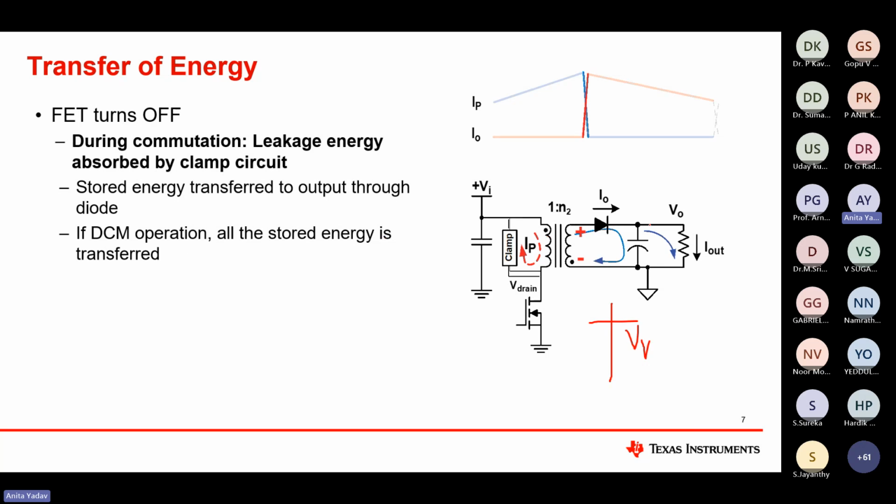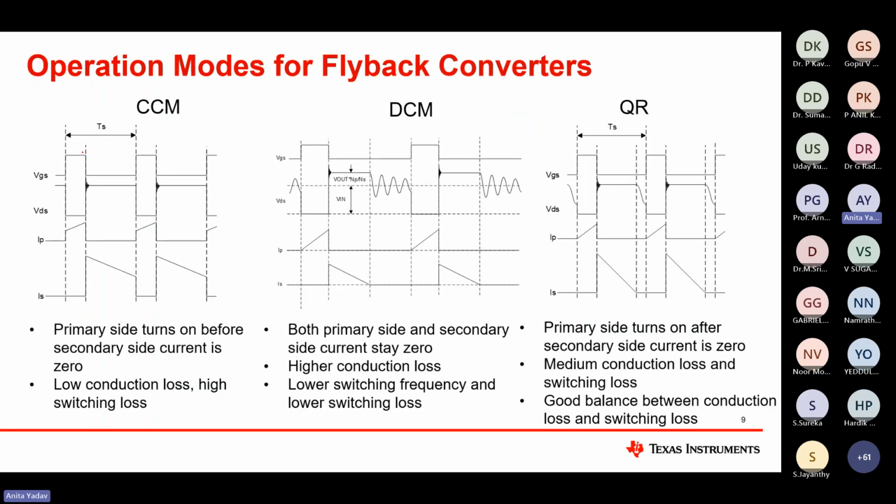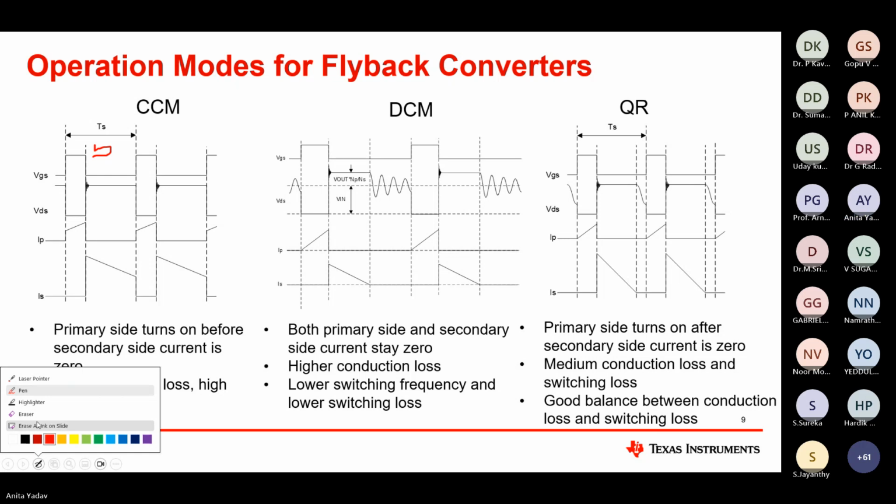Let's say the output voltage is 20 volt and the turns ratio is 6. So you end up with 325 plus 6 times 20, which reaches almost 445 volt, a very high voltage. Thus it's hard switched, and you end up with high switching loss.